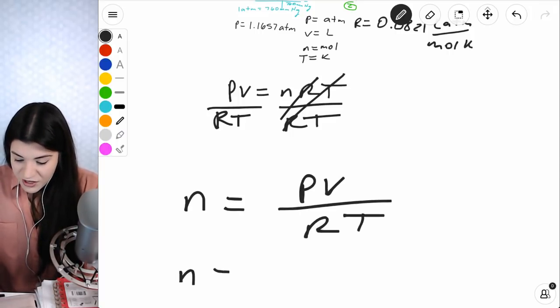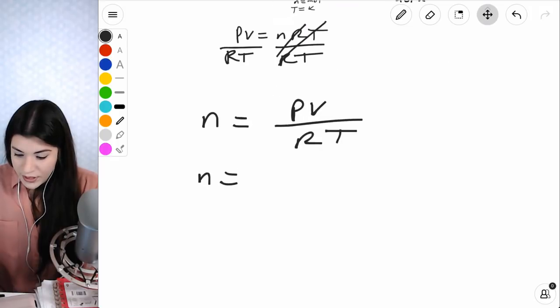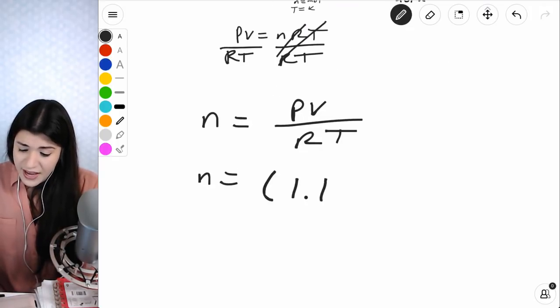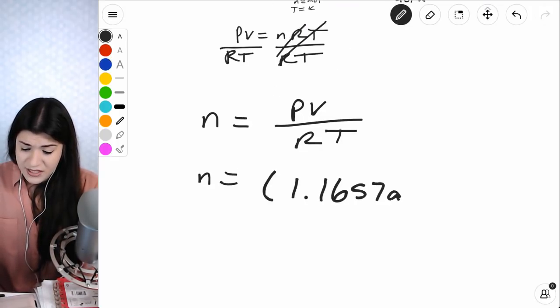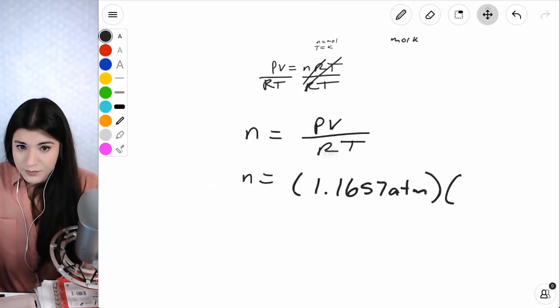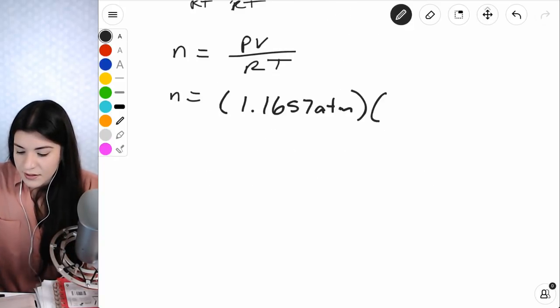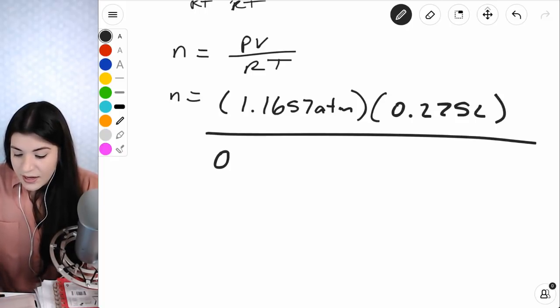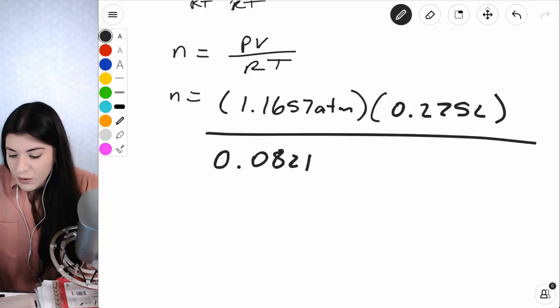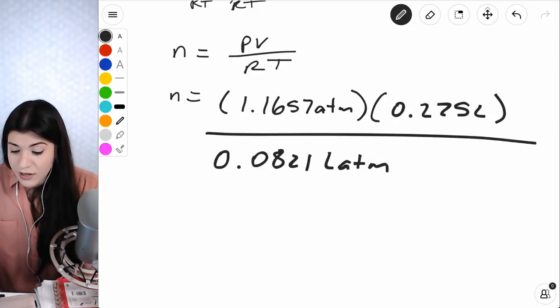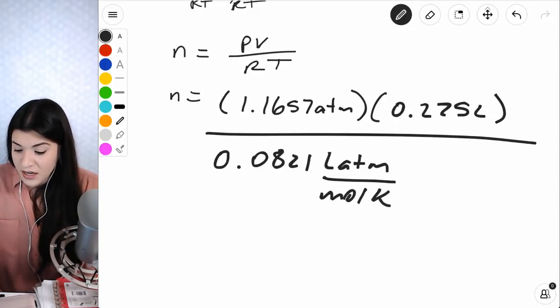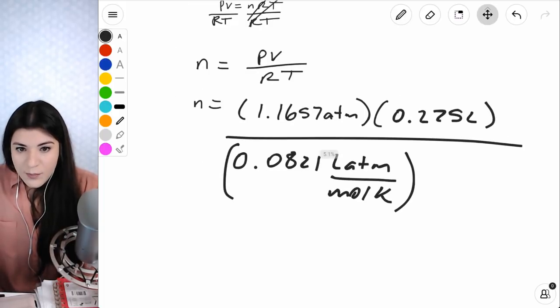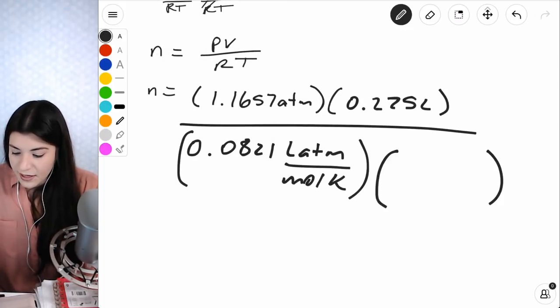So our pressure that we found was 1.1657 atmospheres times the volume that was initially given, which is 0.225 liters. Then we'll divide that by our gas constant. I'll show you how everything cancels out. That's why we specifically want everything in those units that I mentioned. And now our temperature was 328 Kelvin.